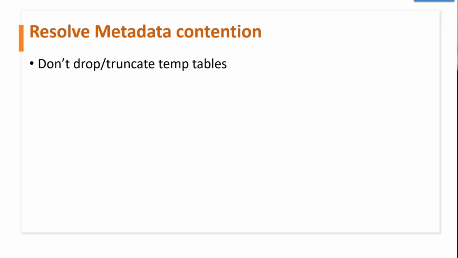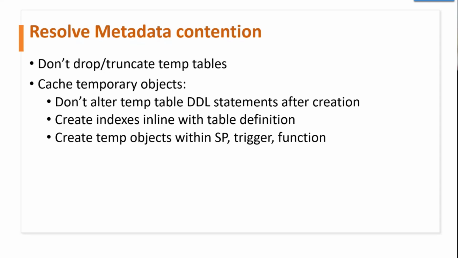So we can prevent the page latches from happening by not explicitly dropping them. Anyway, when the session completes, the temporary objects are going to get dropped, so you don't have to go in there and explicitly drop them. And the same applies to truncate table. It's metadata, so again it goes and waits for the page latch.